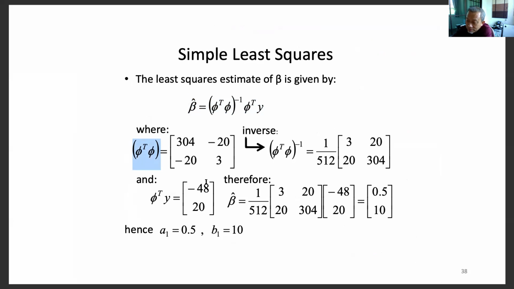Theta transpose multiplied by theta. So theta transpose is 2 by 3, and theta only is 3 by 2.